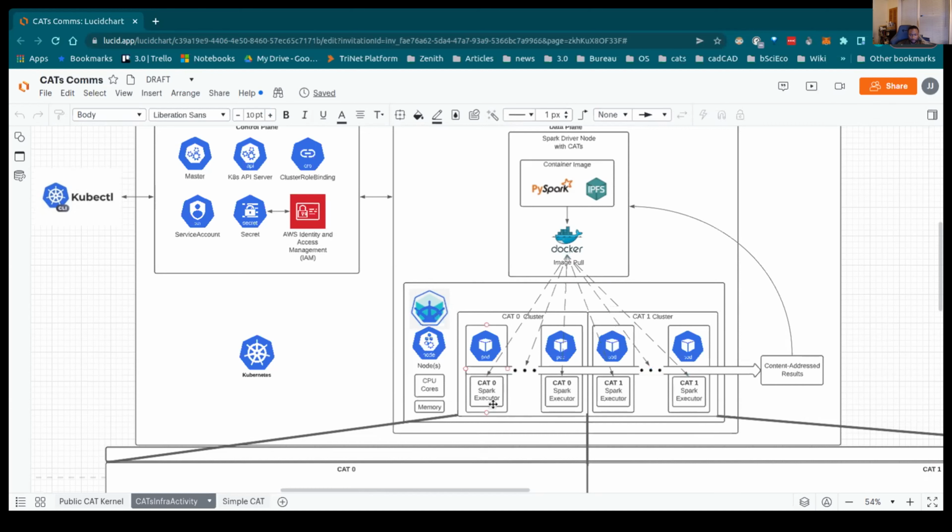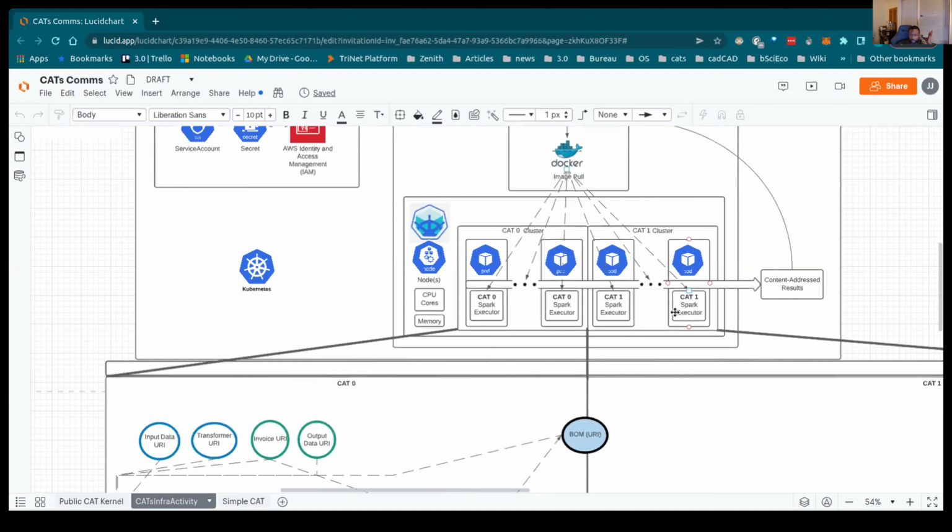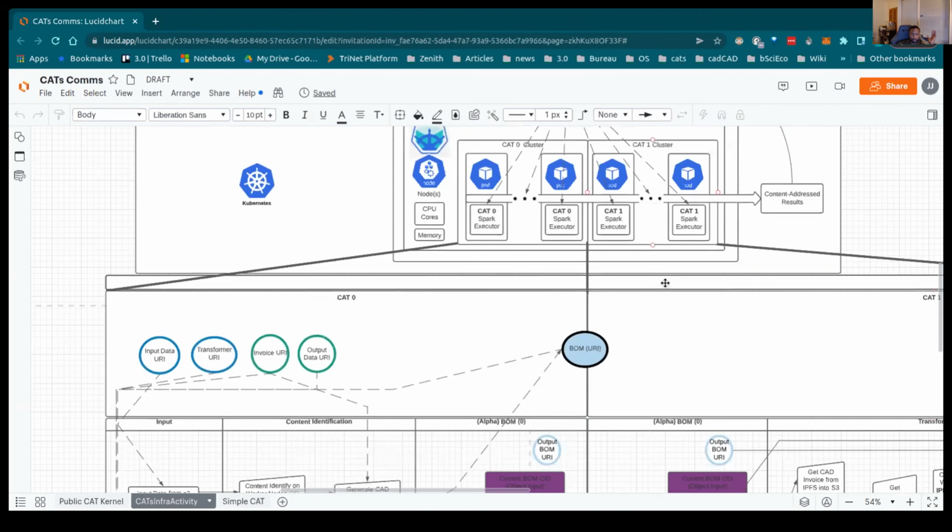So once it's CID'd by the first cat, that cluster is non-ephemeral, because we don't have storage yet, right? And the second cat gets those CIDs of the data set and other URIs necessary to process itself, I guess.